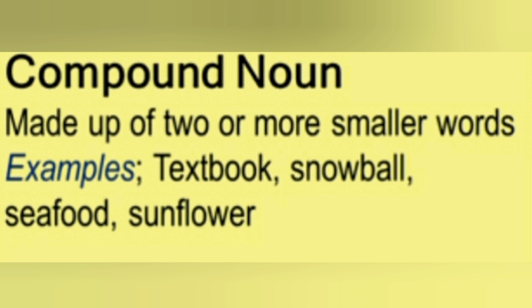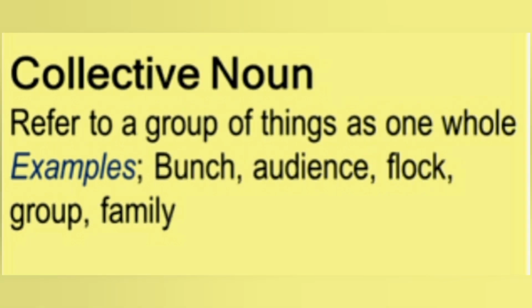What noun do you think comes next? You are correct. Collective nouns. When I hear the word collective, I think of grouping. And yes, collective nouns refer to a group of things as one whole.